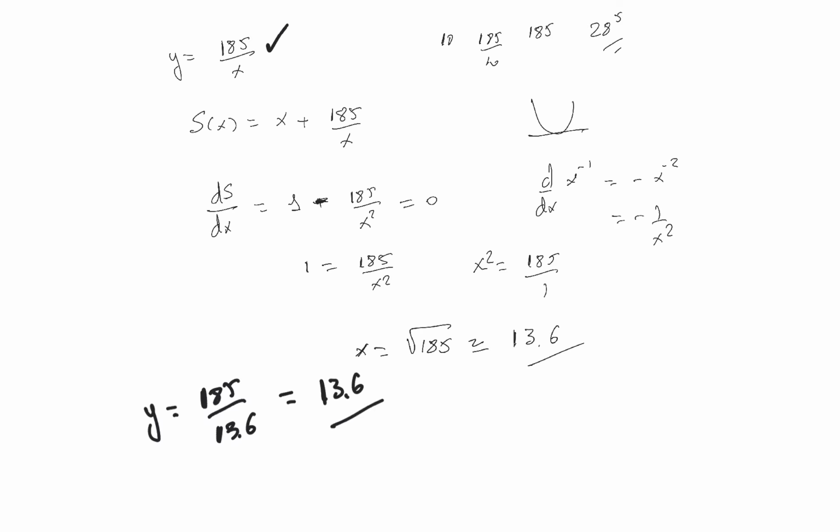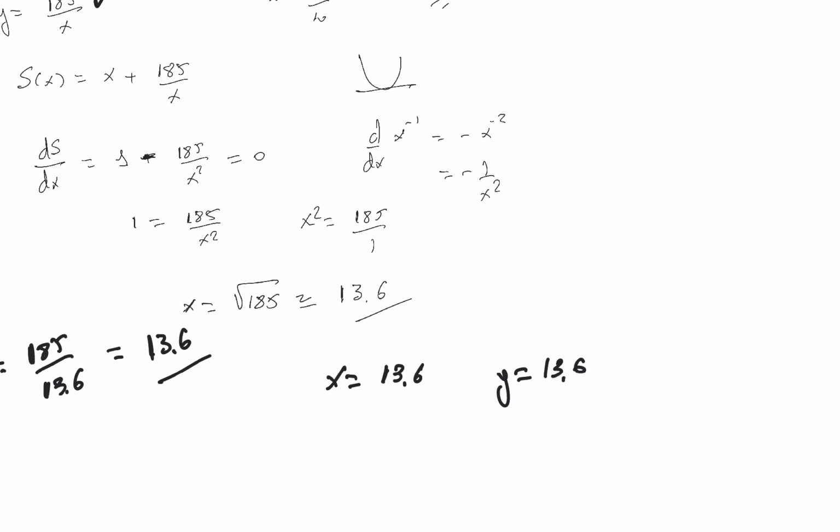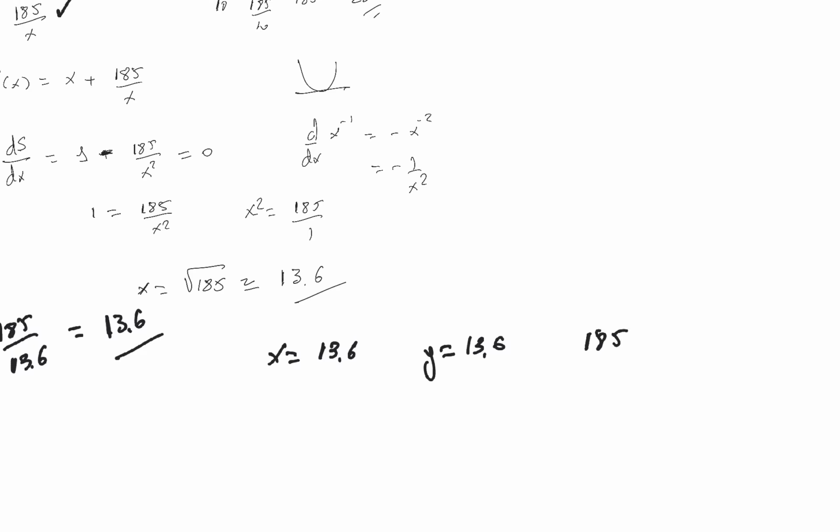Okay, so the two numbers are 13.6. The x is 13.6. The y is 13.6. The product is 185 if you multiply, and the sum is 27.2, and this is the minimum sum.